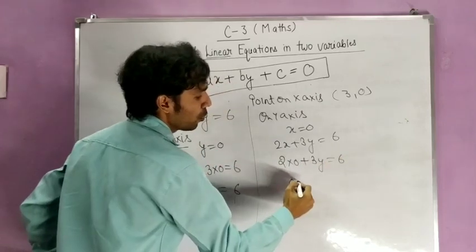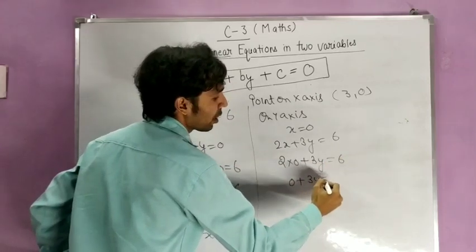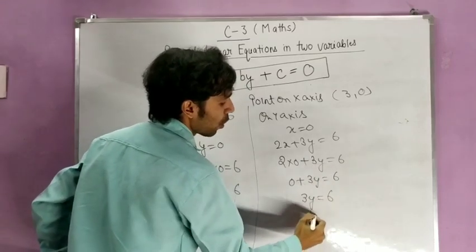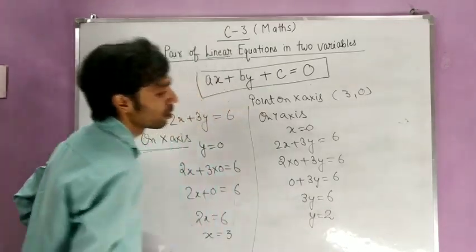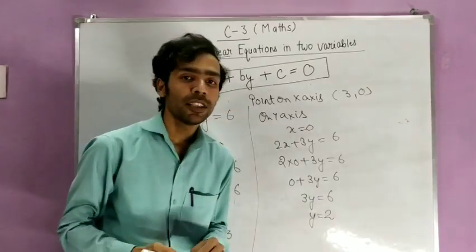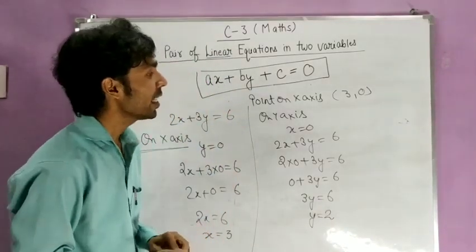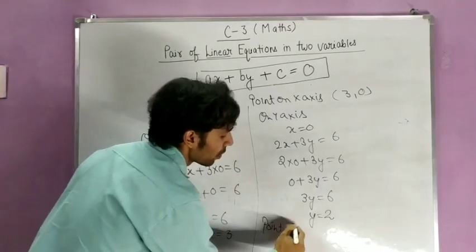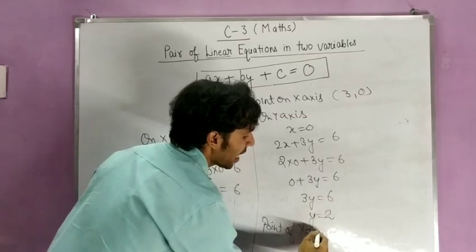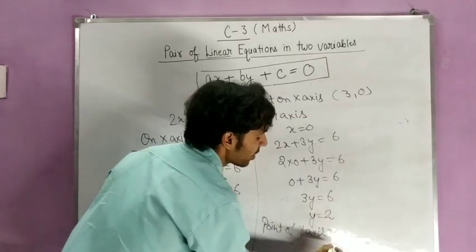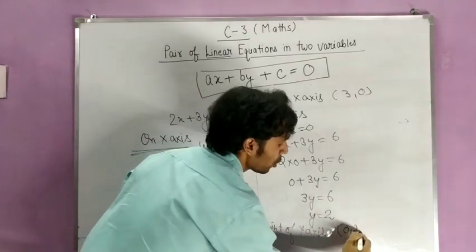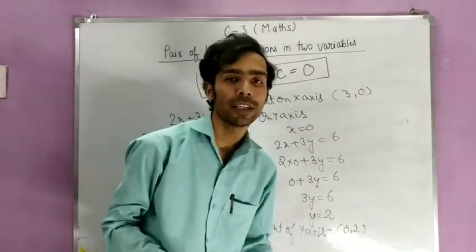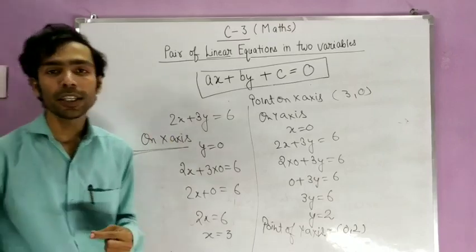Now 0 plus 3y equal to 6, or 3y equal to 6, or y equal to 2. So you can see, student, the point on the y-axis is (0, 2), because first we write the value of x, then the value of y. So 2 points we have calculated now.